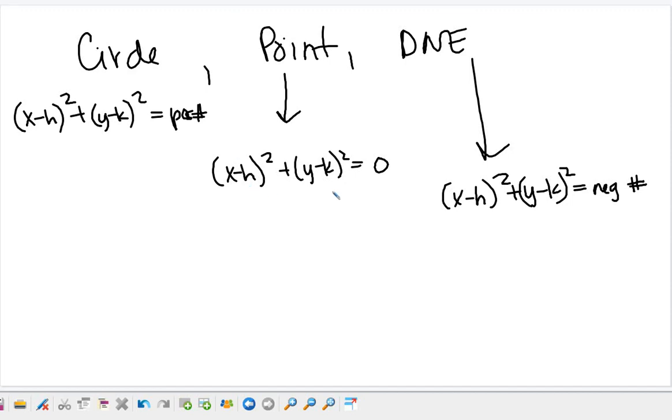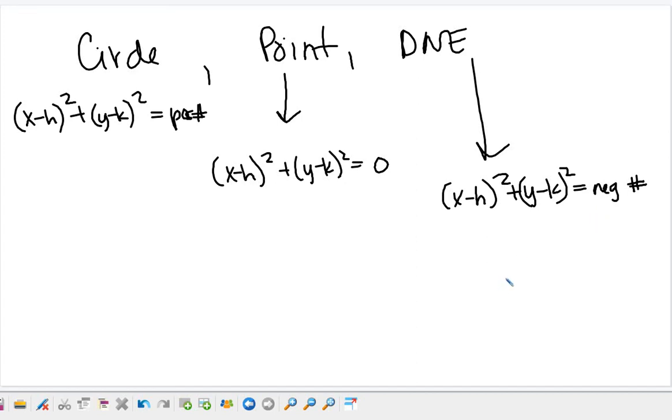If you have center radius form set equal to 0, that means it has no radius. It's literally just a point, a fancy schmancy way to write a point in the coordinate plane. And if it does not exist, then you will have center radius form set equal to a negative number, because clearly you cannot have a negative distance, so you cannot have a negative radius.